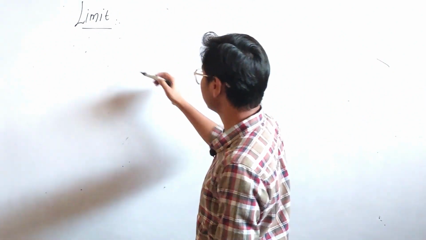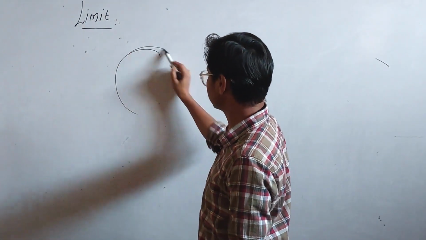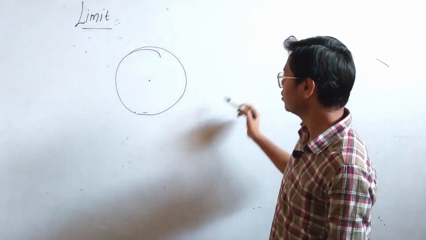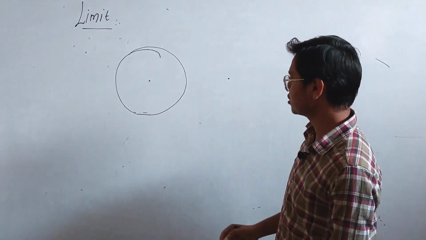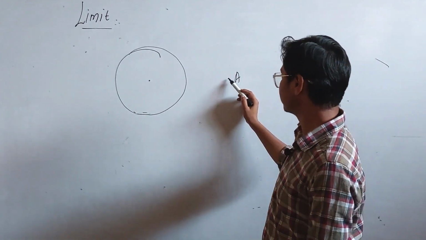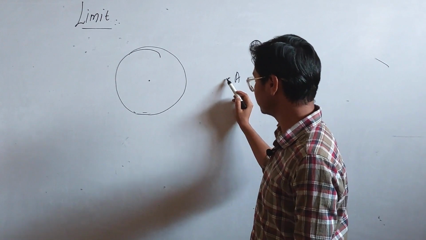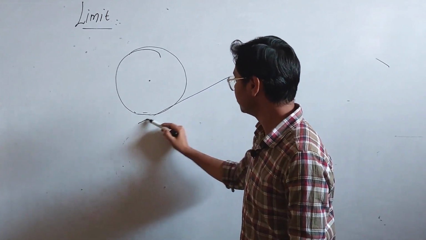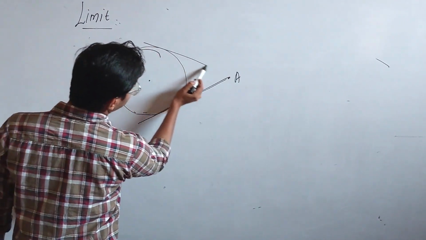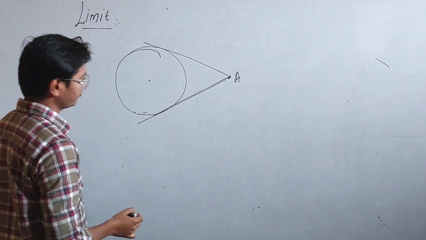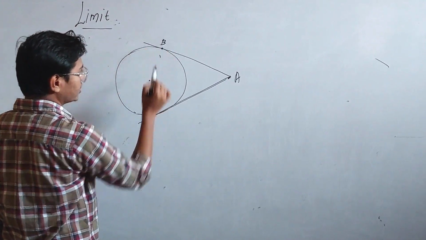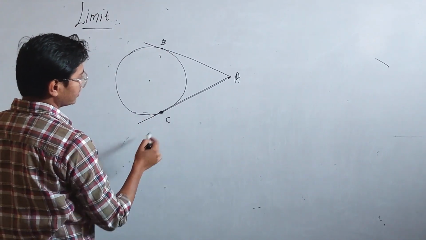Let's suppose there is a circle, and this is the center of the circle, and another external point is this, and let's suppose this point is A. We draw two tangents from external point A, and we know the lengths of tangents from any external point are the same. Let's suppose this point of contact is B and this point of contact is C.